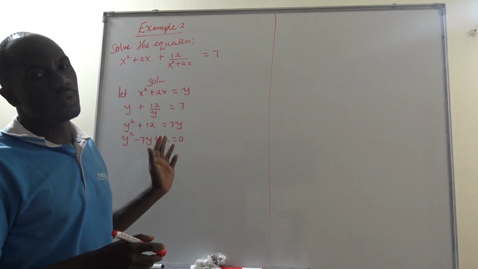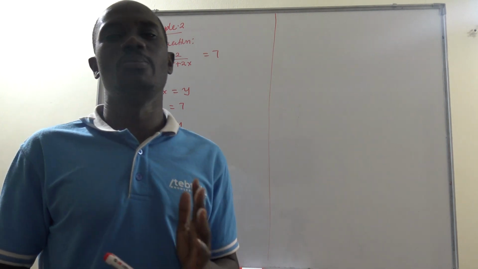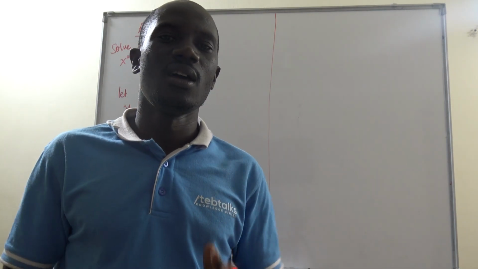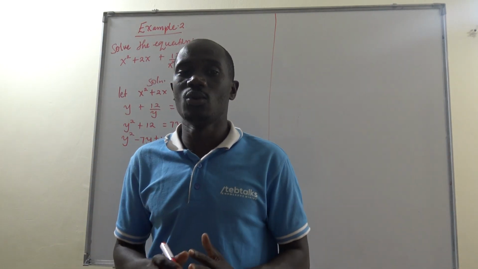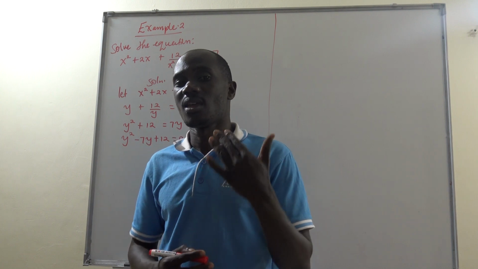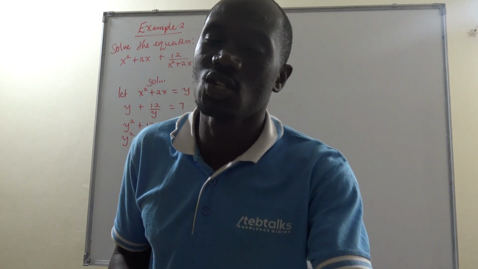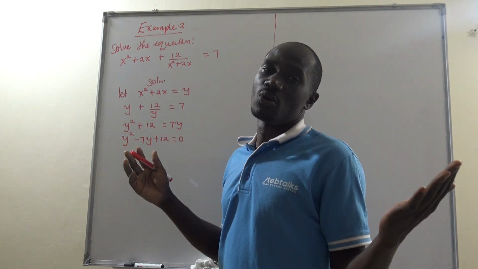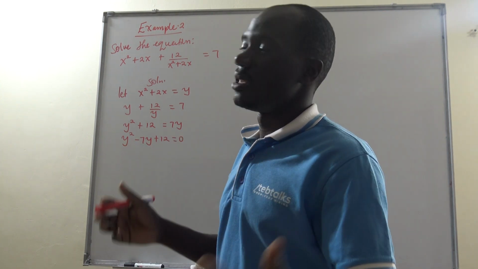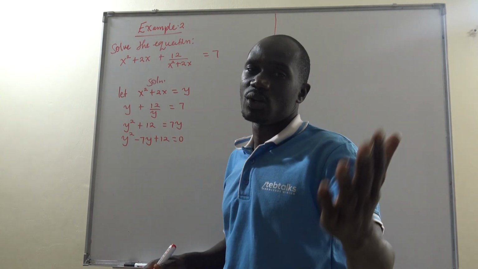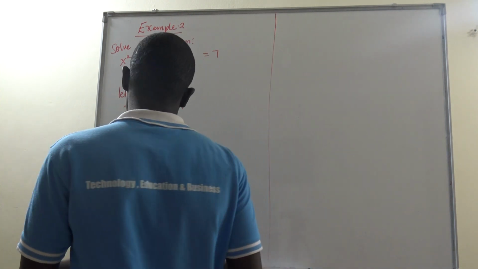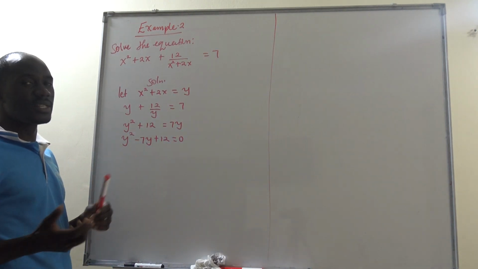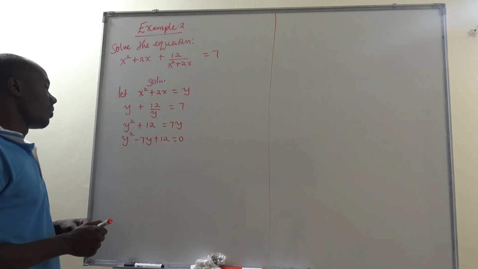So this is a quadratic equation which needs to be solved. We finished learning how to solve quadratic equations. You can use the completing the square method, the factor method, or the quadratic formula. But I will purposely use the factor method, which needs us to look at the factors, sums, and products.